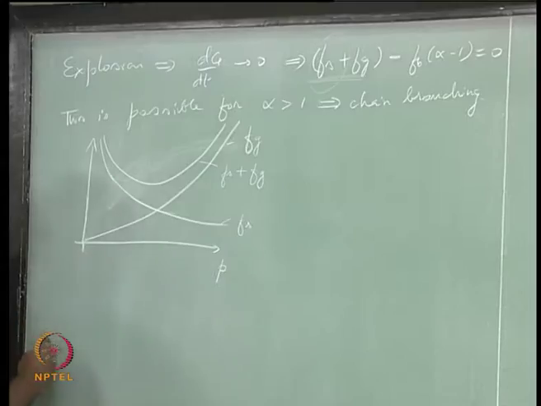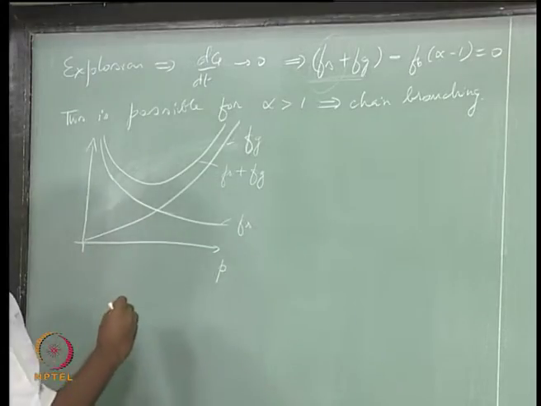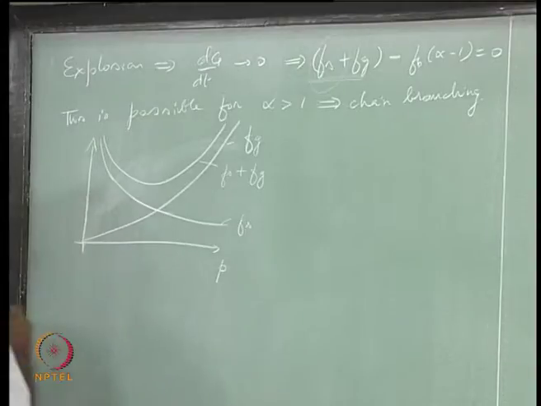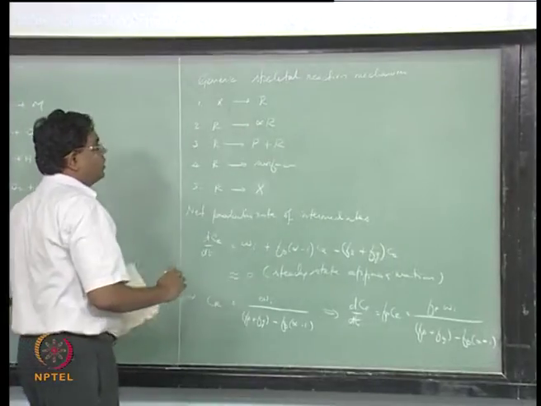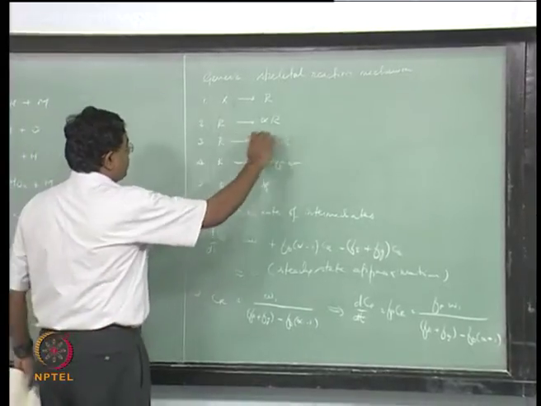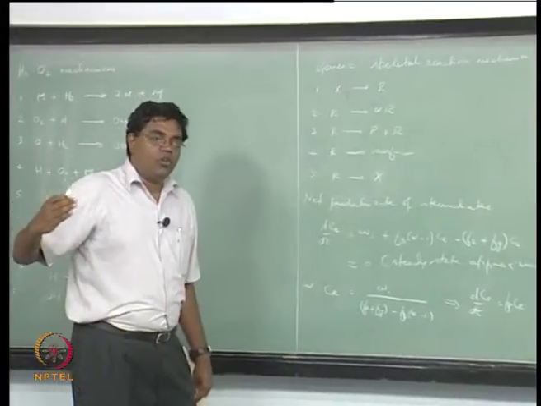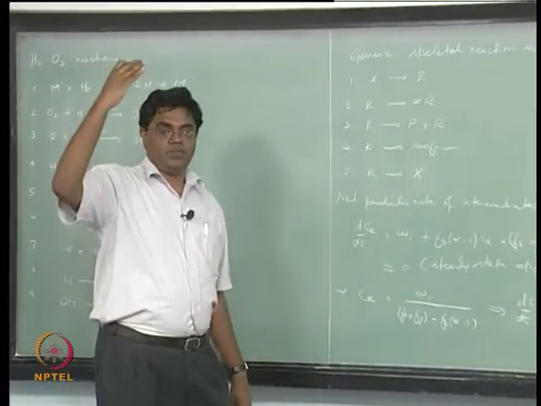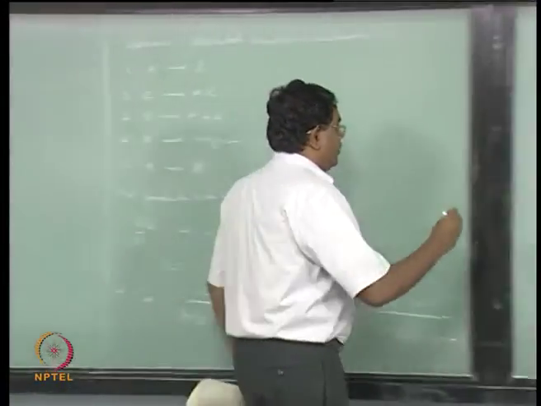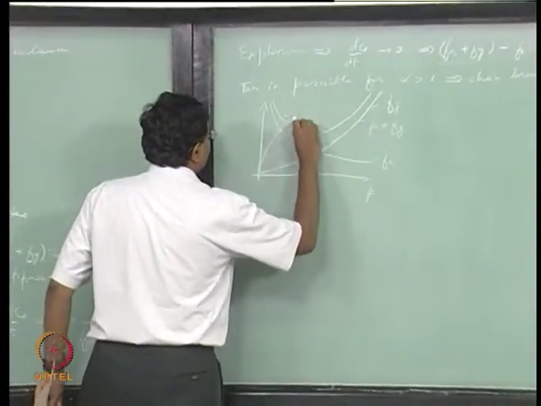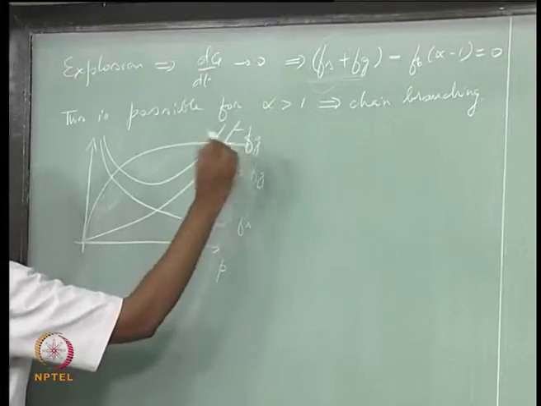And we expect that you now have a production of intermediates because of chain branching, and that need not necessarily grow with pressure forever, right. So that means we expect that this should actually go more like that, right.